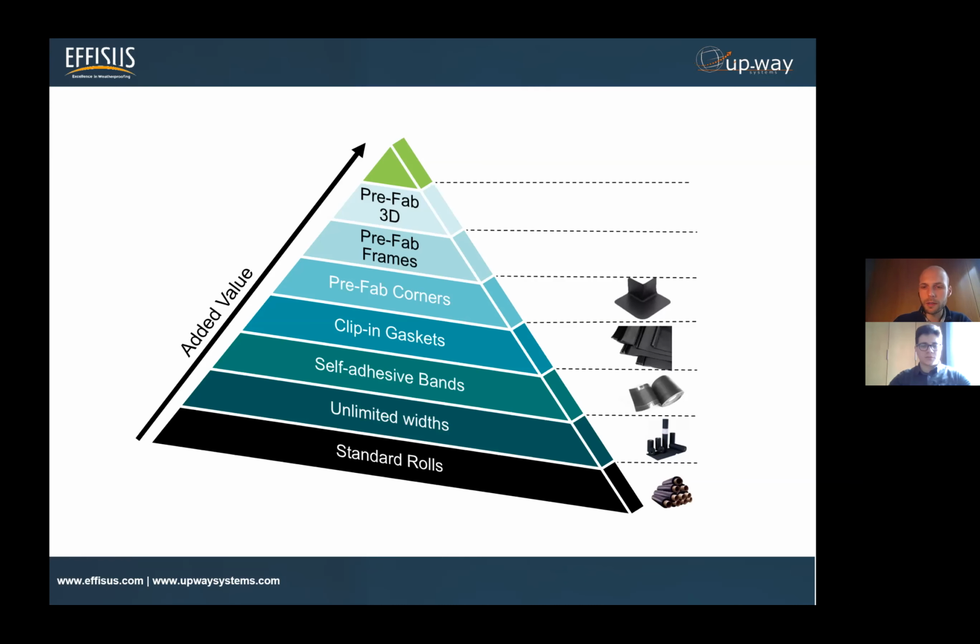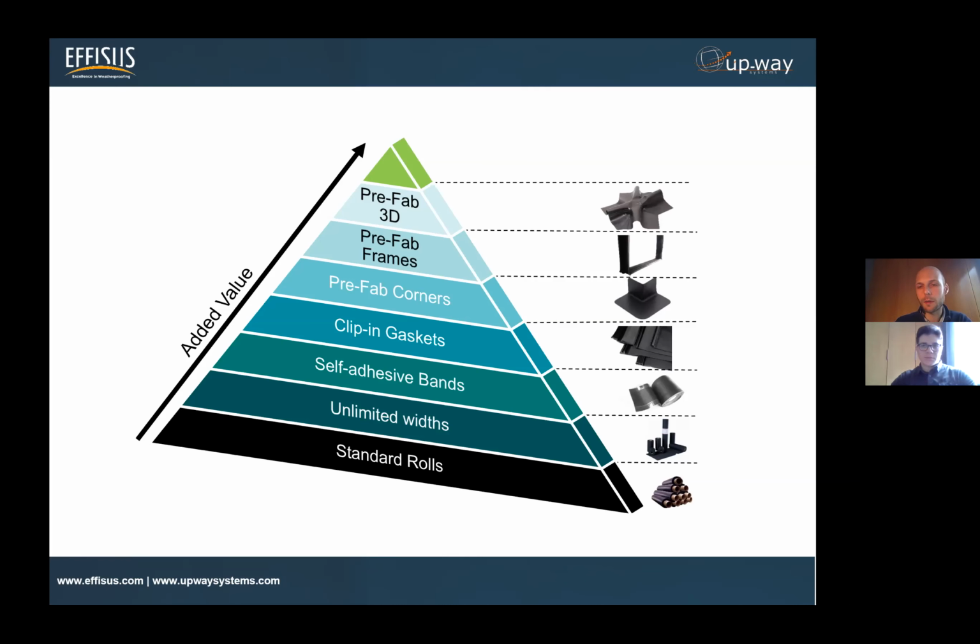And then we can have more customized solutions, solutions that are made for each project, like the prefab corners, in order to avoid very important leakage points. Prefab frames, providing almost finished, complete solutions without any need of cutting and overlapping.